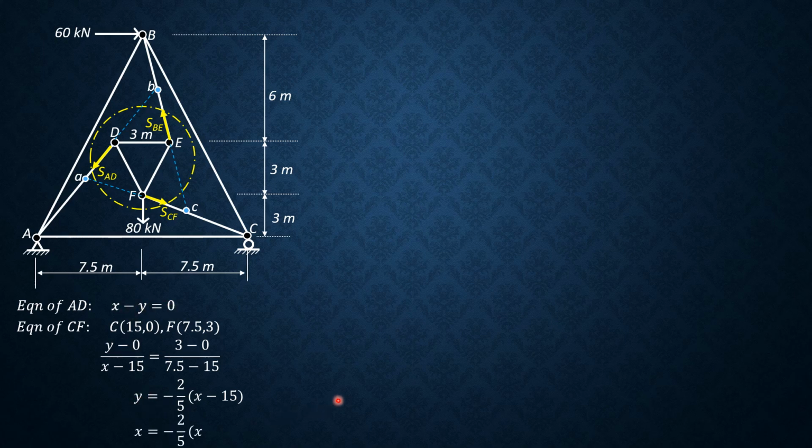So x is negative 2/5 of (x minus 15). From here, we can solve for x: 30 divided by 5 plus 2, so 7. X is 30 over 7 meters, and y is also 30 over 7 because x is y. So therefore, the point is at 30 over 7 meters from A horizontally, then 30 over 7 above A.